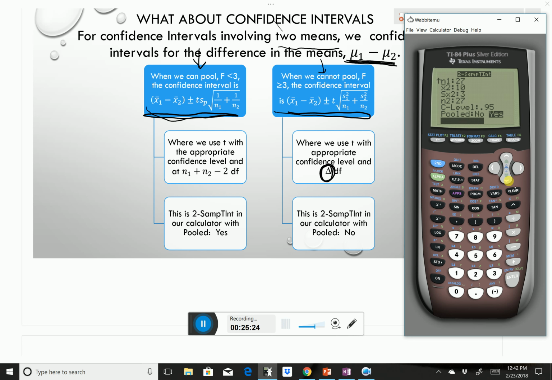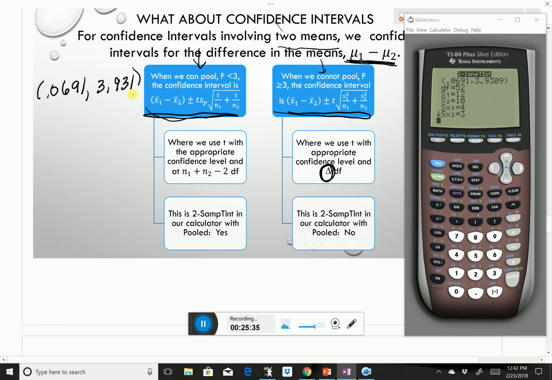So let's say we're going to do a 95% confidence level. Yes, it is pooled. And we calculate. And we get 0.0691 to 3.931.